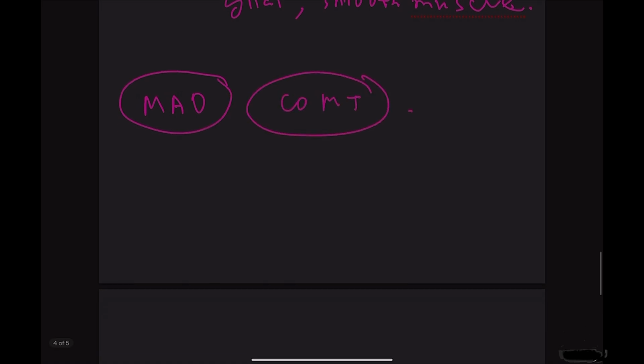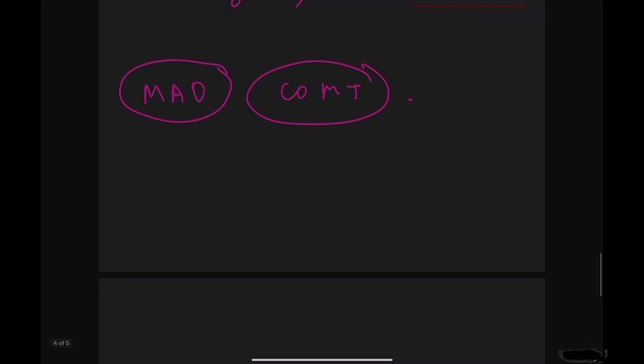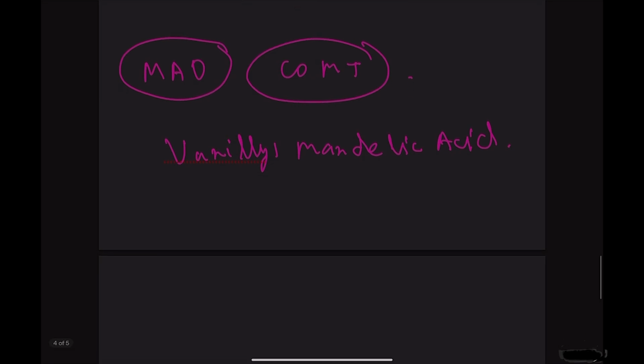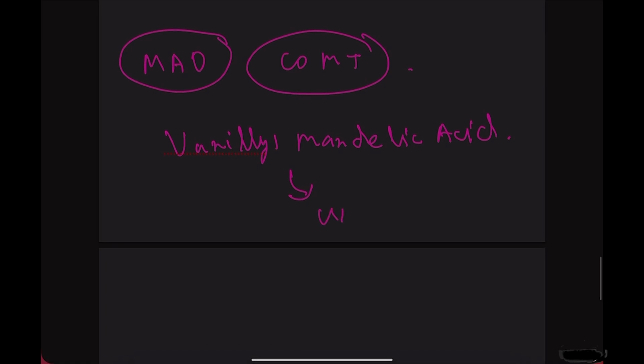Okay, so when it gets metabolized, it produces a metabolite called vanillyl mandelic acid. Okay, so this vanillyl mandelic acid gets out of the body through urine.